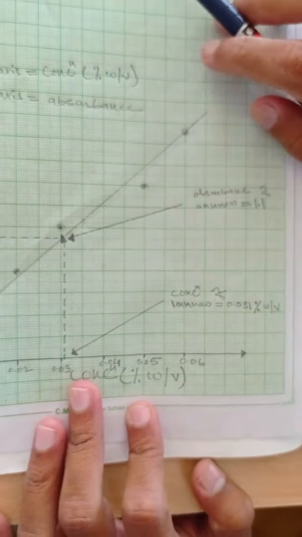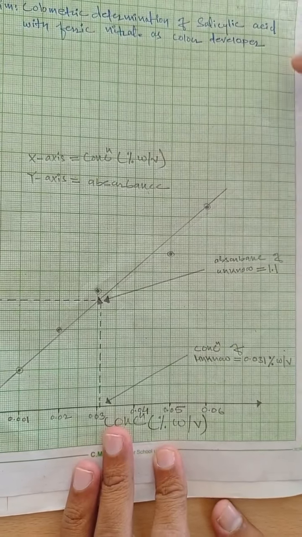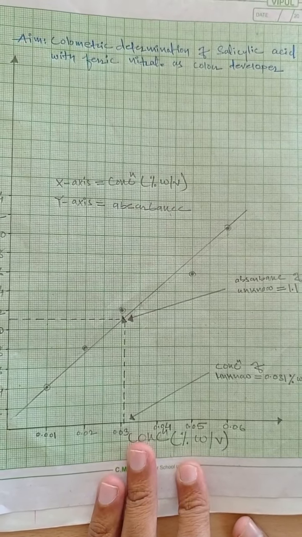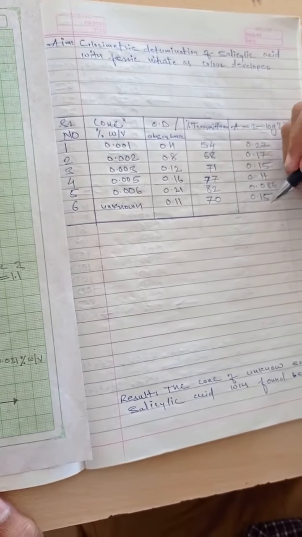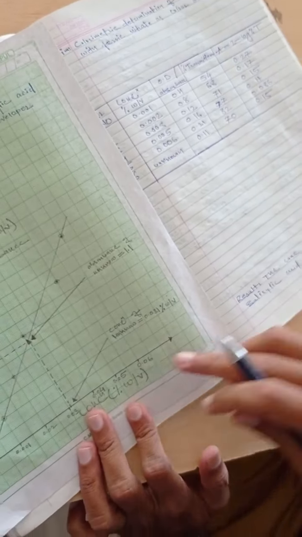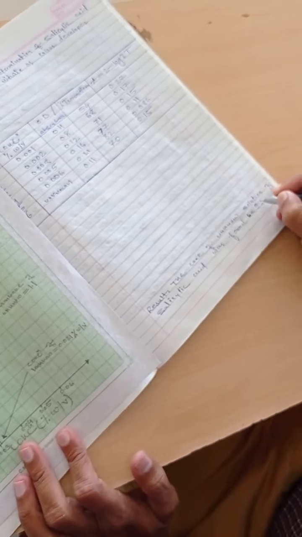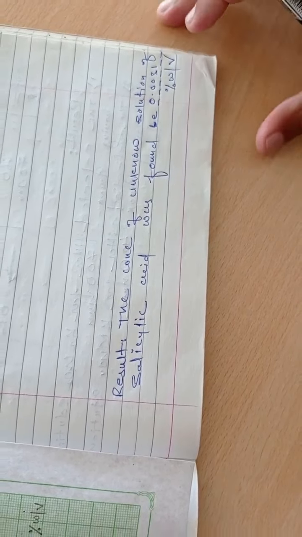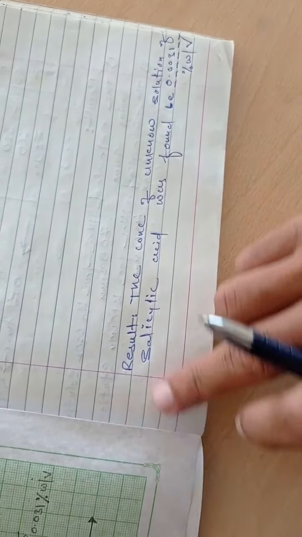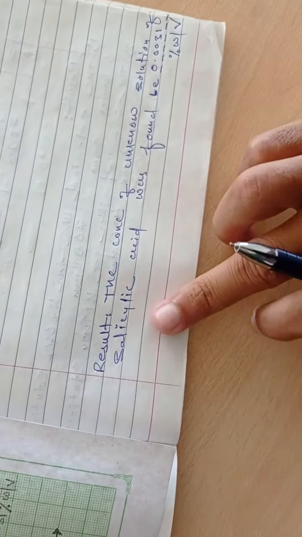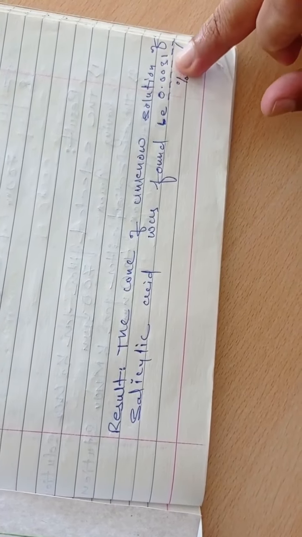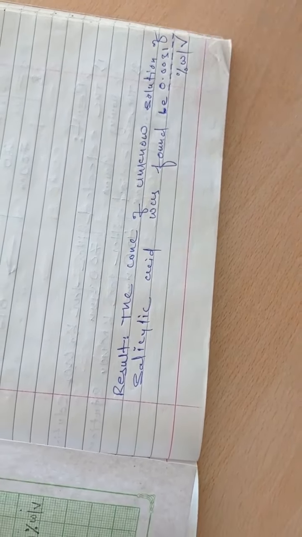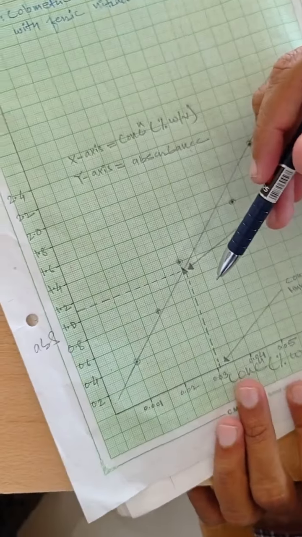Colorimetric determination of salicylic acid with ferric nitrate as a color developer. The concentration of the unknown solution was determined by using the graph, and the concentration was found to be 0.0031% weight by volume. That is identified from the graph.